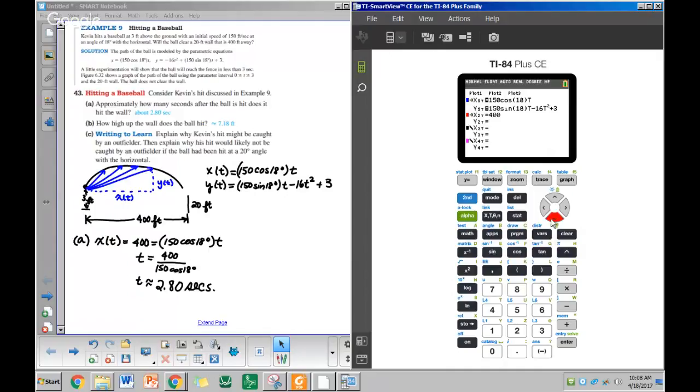I need to make it what? 20 high. So it has to be 20 high in 2.8 seconds or 3 seconds. If I want to make it, how about 2.7 seconds? How do I make it 20 high in 2.7 seconds? Just make the t max higher.